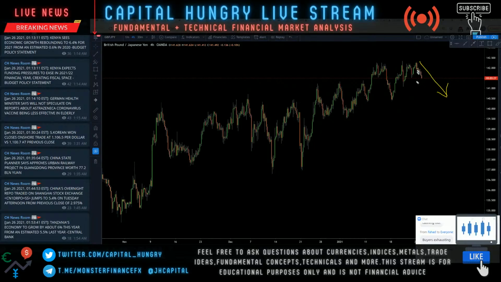So this doesn't mean that from this point GJ is going to have a meltdown to 135. But what we can identify is that even though GJ can be very bullish, that doesn't mean that every time we come look at the pair to trade, it's going to have a buy trade setup. The market moves in waves.